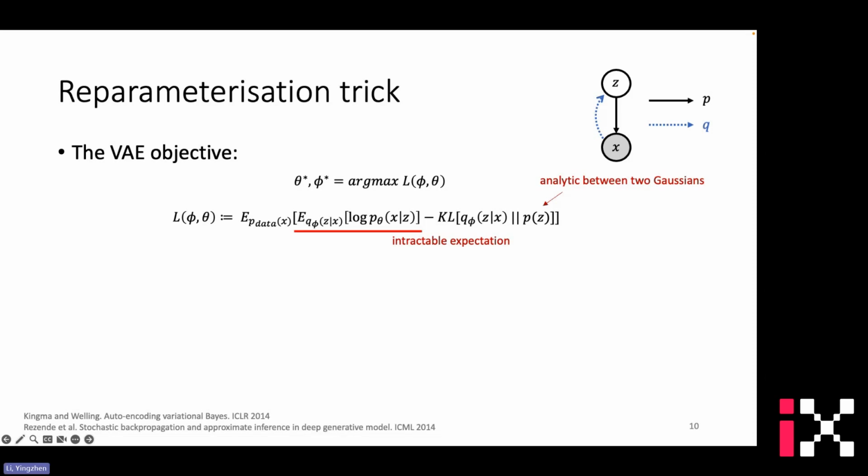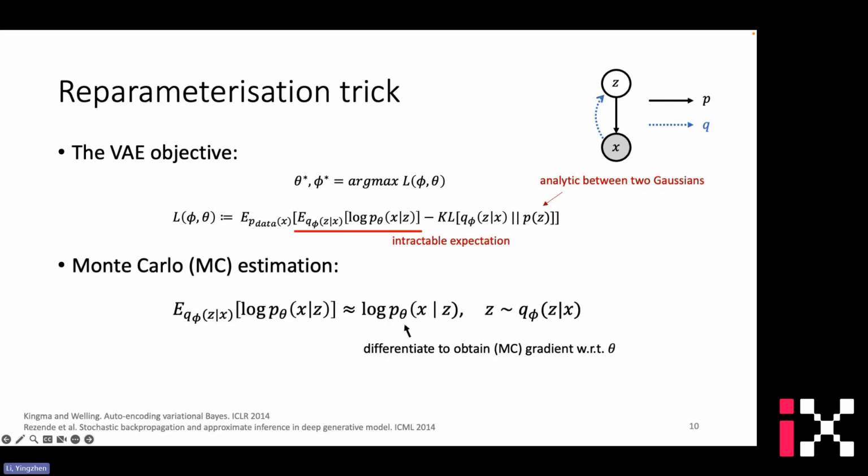And remember, your P distribution here includes another generator, which means if you were to explicitly compute this expectation by summing over all possible Z, then you need to pass this Z through this neural network every single time, again computationally intractable. So we clearly need to find some way to estimate it in an efficient way.